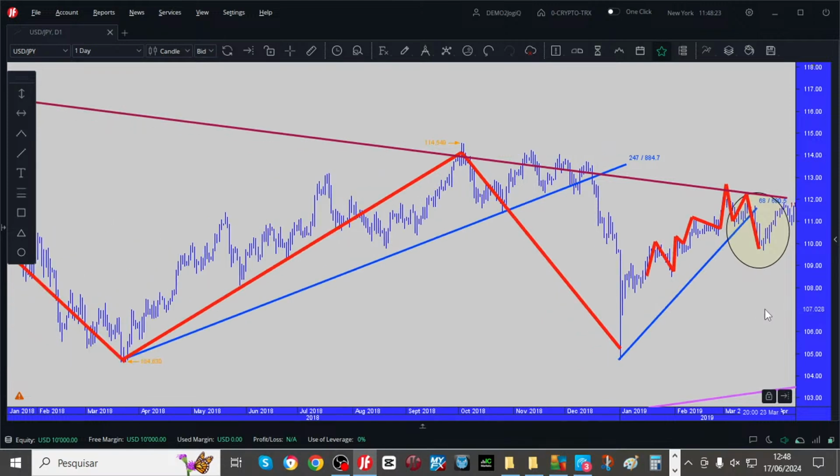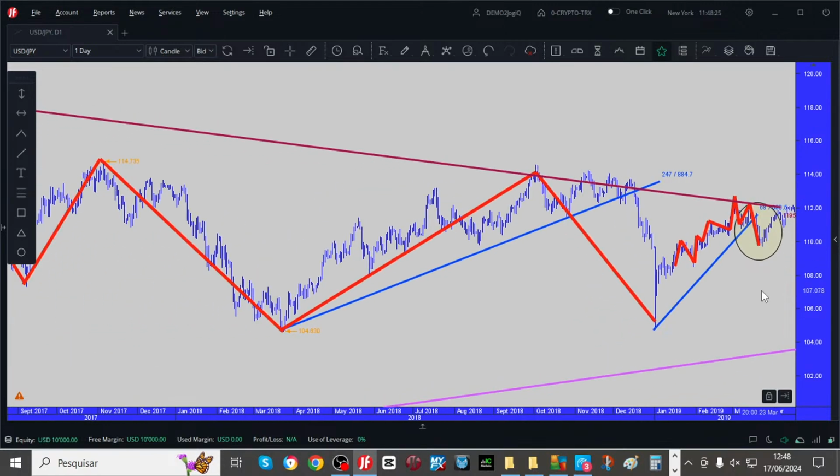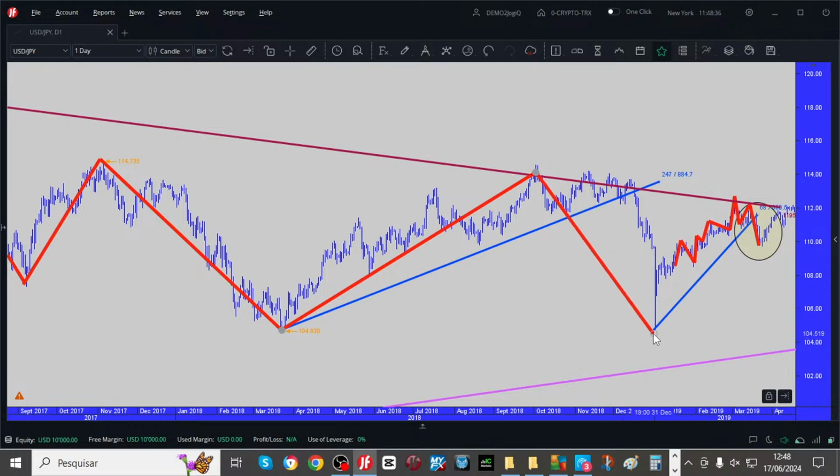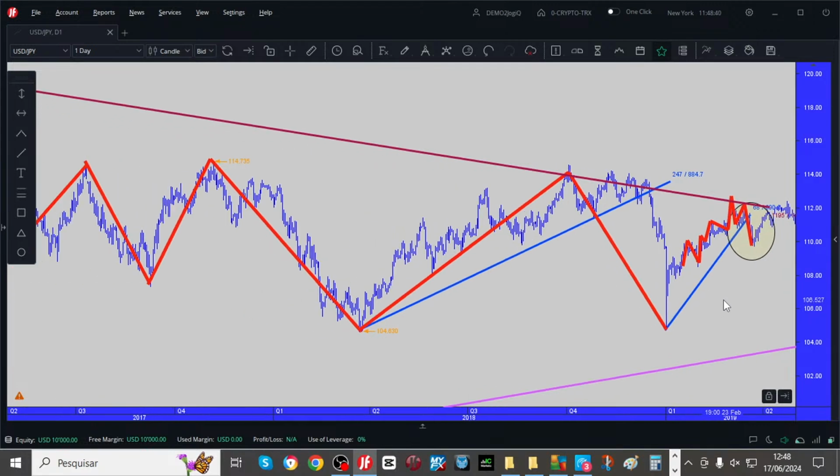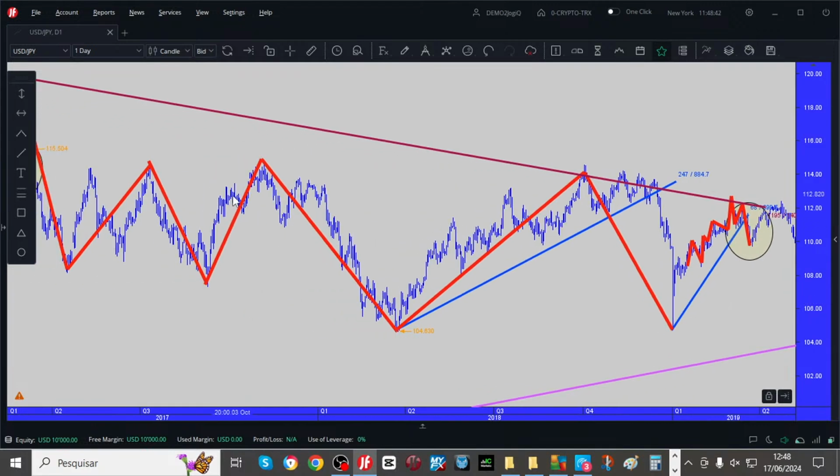So is anything wrong if I'm suggesting to my trader to short the market? Is anything wrong?